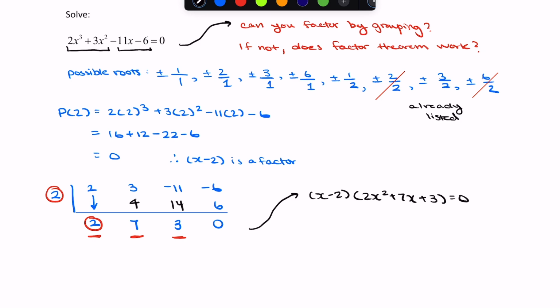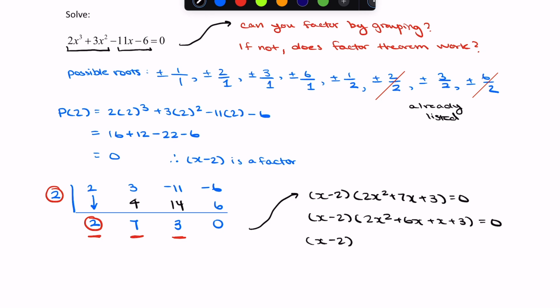And you can factor this further. x minus 2, 2x squared. So using decomposition, plus 6x plus x plus 3 is equal to 0.